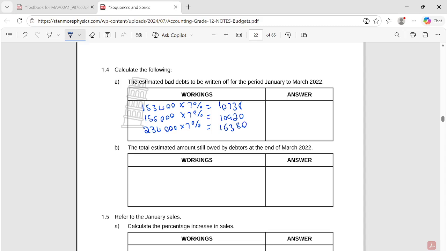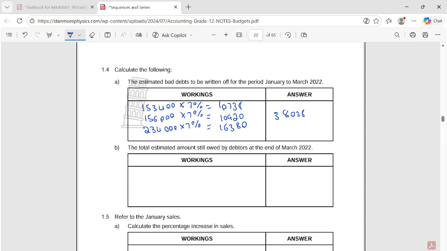Alright, guys. So you're gonna add these amounts, right? When you add them, you're gonna get 38,038.